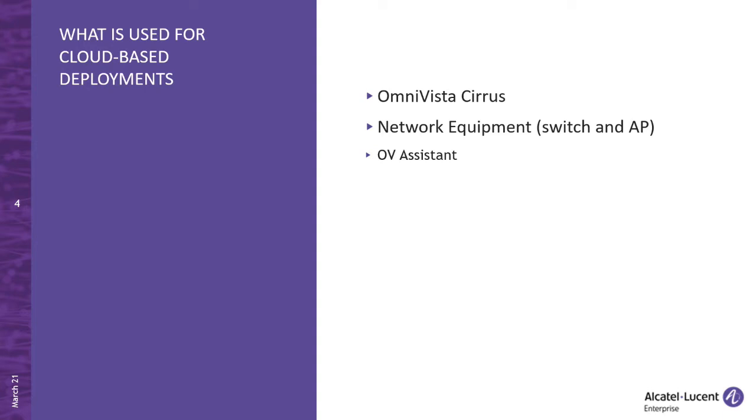Network equipment to be used at the remote site, a switch and an AP. And lastly, we will use the OV Assistant to speed up deployment of the remote equipment. Interconnection of sites can be done either via a RAP or VPN or a dedicated wide area network service provided by an internet service provider.